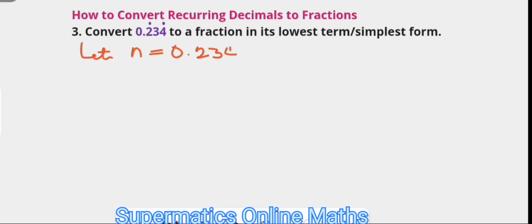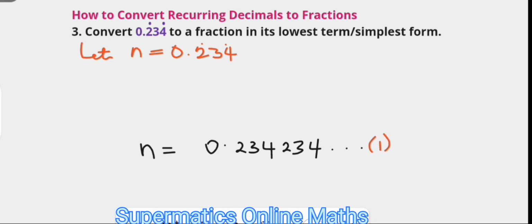0.234. This simply means that n is 0.234234 that continues just like that as equation 1.